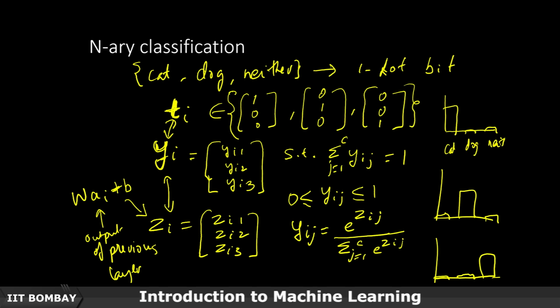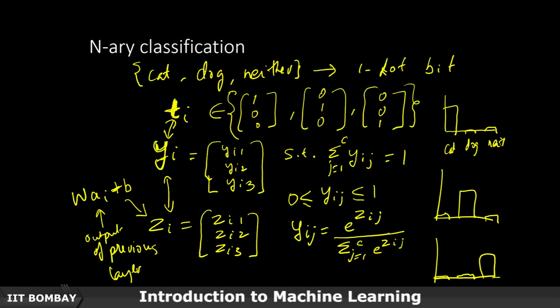Now z can be negative or positive, but e to the power z is always positive, and e to the power z divided by the sum of all e to the power z's is between 0 and 1, and they all add up to 1. So they are normalized, and we can interpret y as a probability mass function.